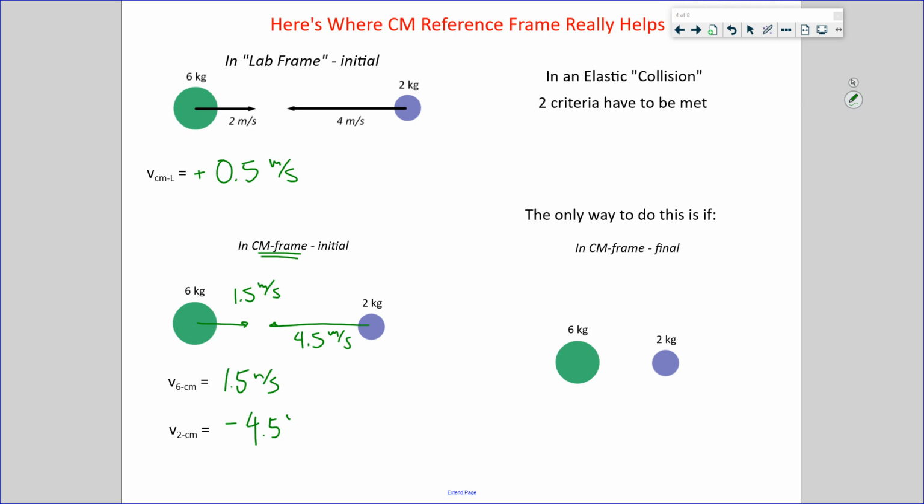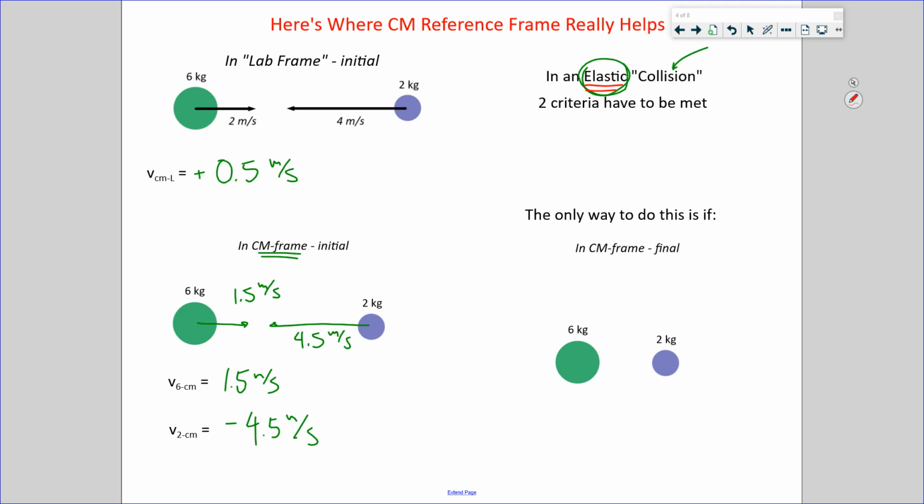Now, if these things interact completely elastically. I say collision in quotes because, do you have to qualify? No, you don't have to qualify. Elastic is one way. Collisions or interactions can happen in a number of ways, and from a typical question phrasing standpoint, you're going to see elastic, which means something very specific.